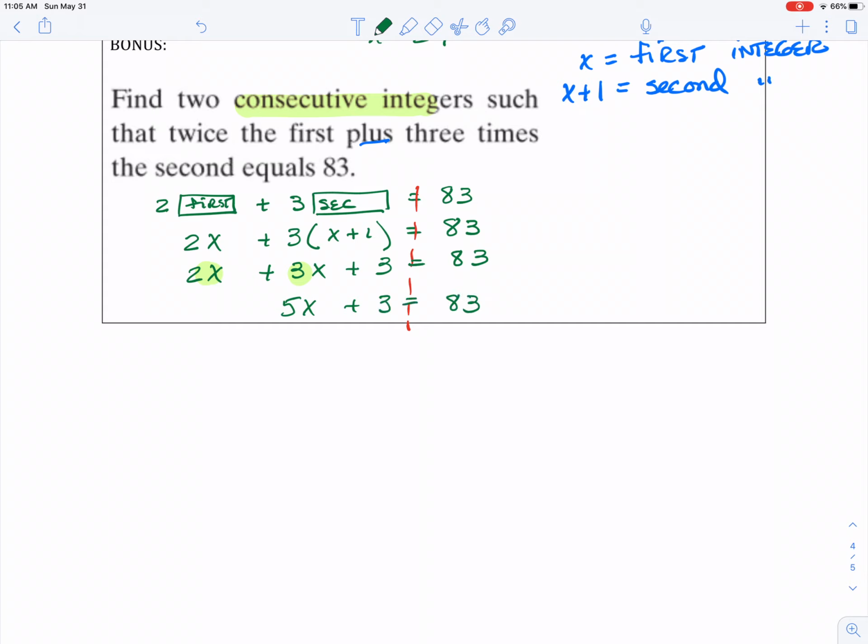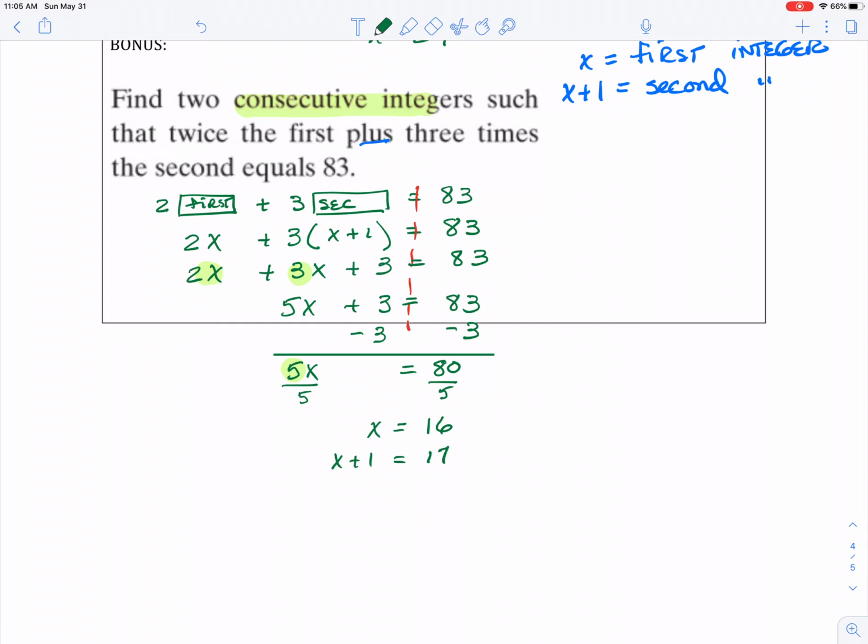Now I'm going to start moving some things, so I'm going to subtract this 3 from both sides to isolate the variable 5x. And then dividing by this numerical coefficient in front. Looks like x is 16, and so x plus 1 is 17.